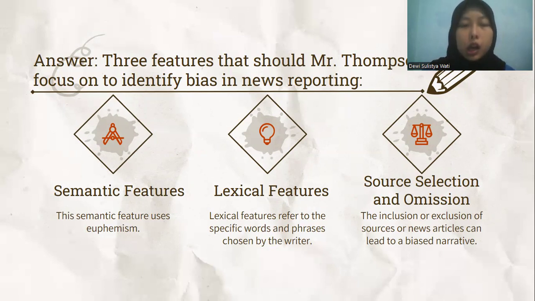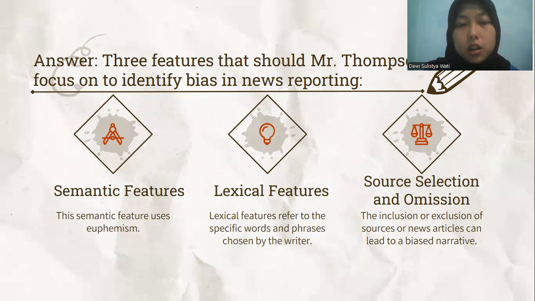An example of the use of euphemism in the news is "spending more time with family." It is usually used as a general statement by politicians who are forced to resign because they are involved in scandals that they don't want to be commented on.